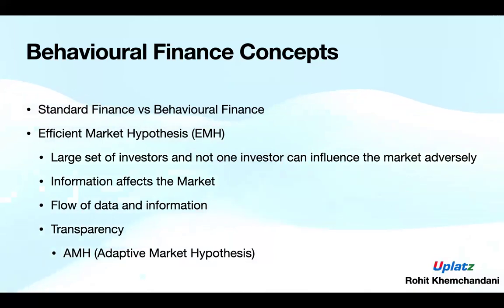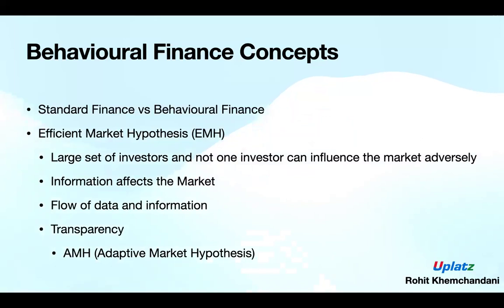The prices already reflect the information effect, whether positive or negative. There is free flow of information, full disclosure and transparency. So this is what the EMH, the efficient market hypothesis, suggests.